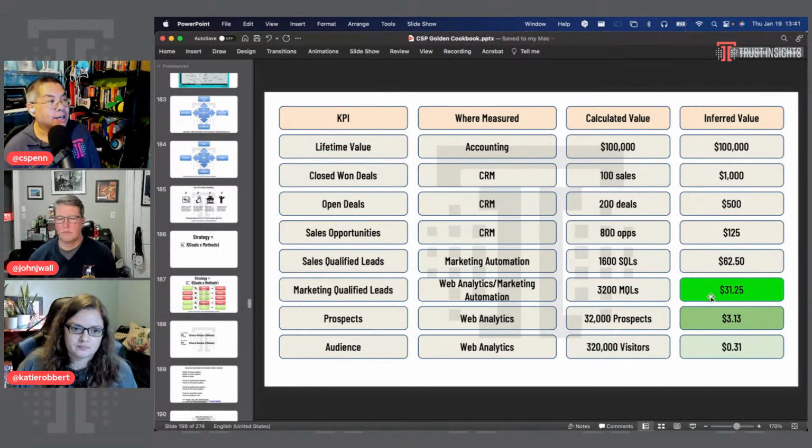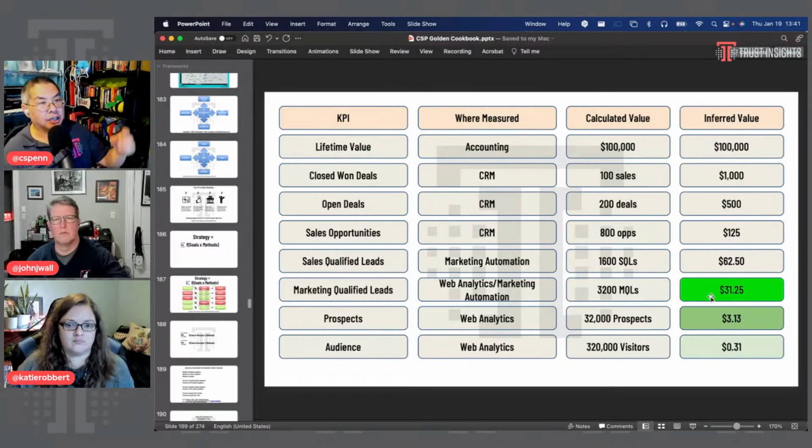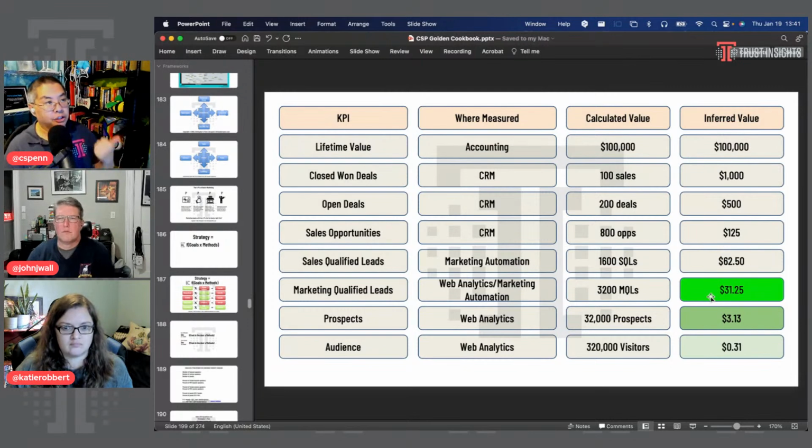When somebody fills out this form, it's worth, averaged out, $31, which means that if you get 1,000 people to fill out that form, you can predict you're going to get $31,000 in revenue later on down the line, based on the percentage of people that follow those actions. So this is something you need to do with your accounting software, your CRM software, your marketing automation software, your web analytics, but it's a way for marketing to help forecast the financial performance of the company.